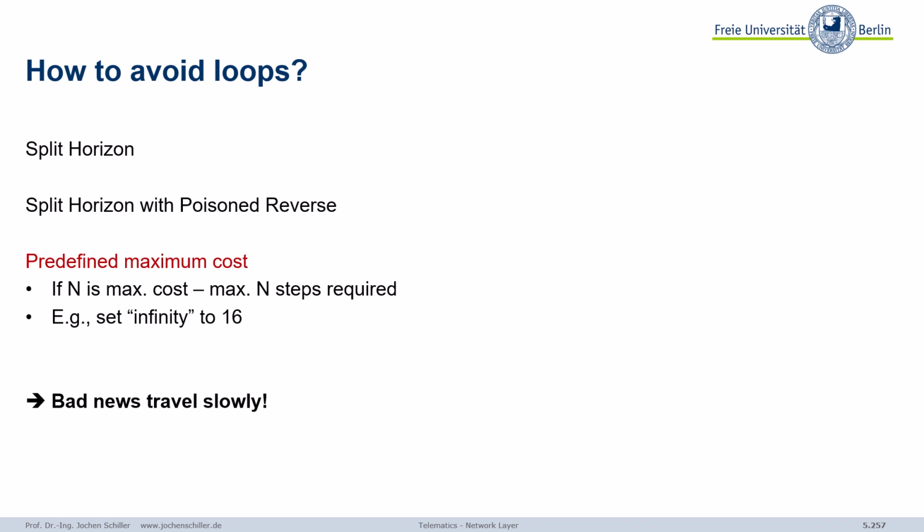We can apply some optimizations, these are the pointers, but the main trick, so to say, is that we have to limit infinity, and we simply define infinity as 16. That's easy. I mean, this is computer science, so we can say infinity is 16, and so we know that we have a maximum cost, and this is the maximum number of steps.